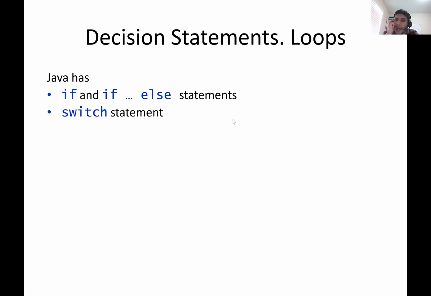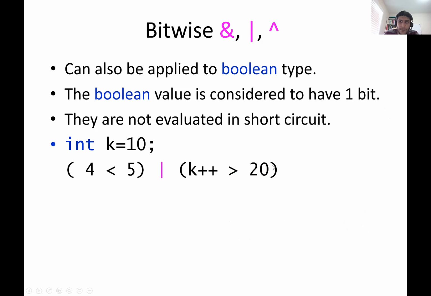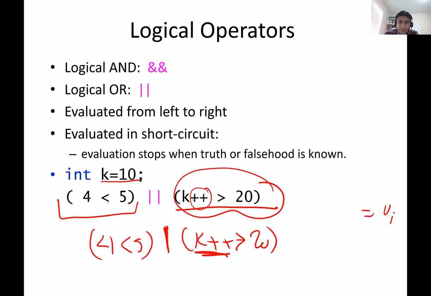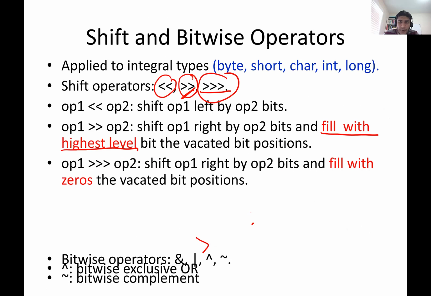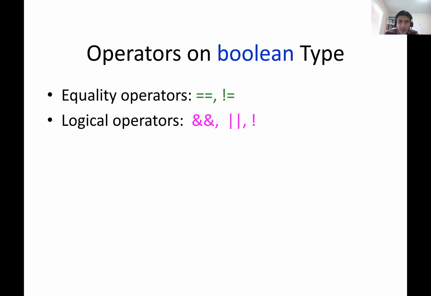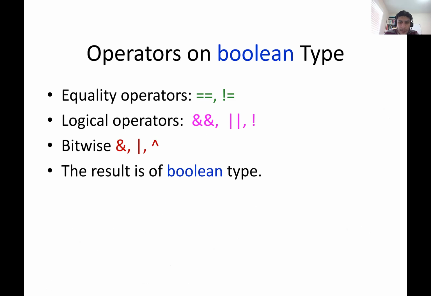Equal is a logical operator which has to deal with, let me think, do they deal in integers? Let me go back to this slide. Okay, this is the bitwise ones, and we are talking about the logical ones here.